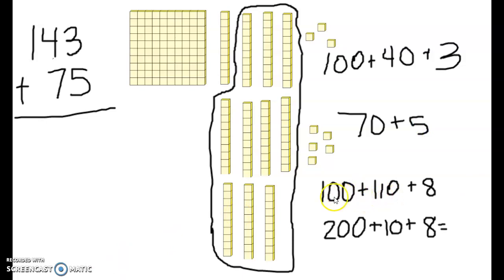When I combine, I know that I have 100 plus 11 longs is 110, plus 8 cubes. Now I can also combine 10 longs to make another flat. So now I have 200 plus 10, there's only 1 long left, plus 8. When I combine those together, it gives me 218. The classes collected 218 food items in all.